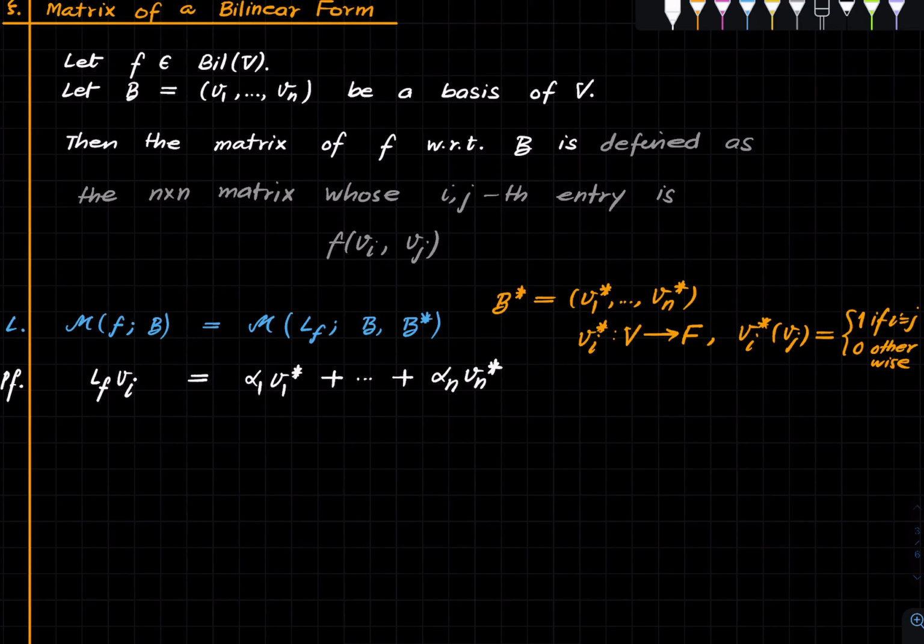Okay. So what do we get? This can also be written as, by definition, f(vi, blank), right? So to f(vi, blank), we will feed vj.